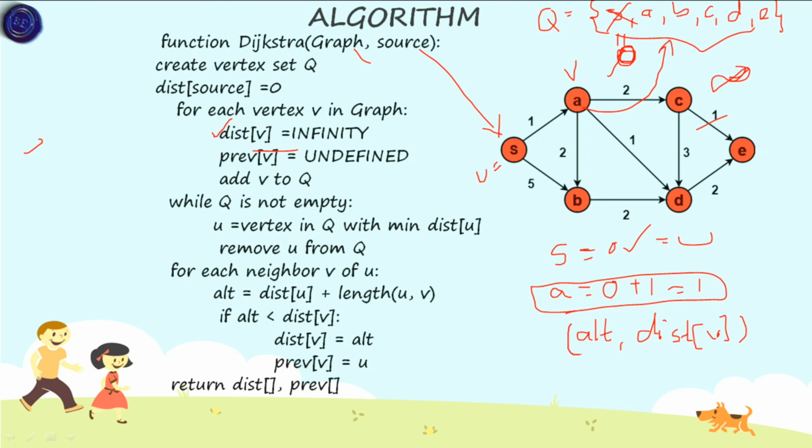Alt value is equal to 1, while the distance value is equal to infinity. Among these both, which is the minimum? 1. So 1 is taken as the distance of V. So distance of V is equal to alt, because alt value is less than distance of V. So the previous of V is equal to U. So the previous node of A is U.